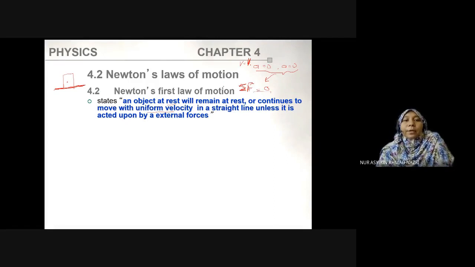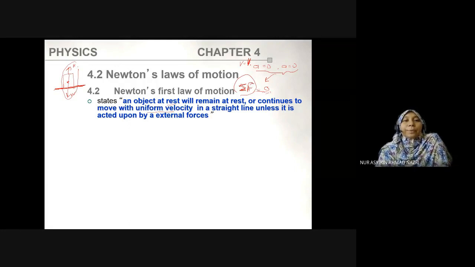But the fact is the net force is equal to 0. Is there force acting on it? We have force acting on this object. But because, for example, we have normal force here, we have weight here, and we only have these two forces.